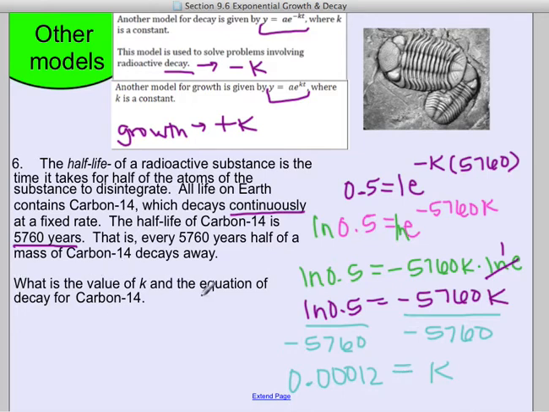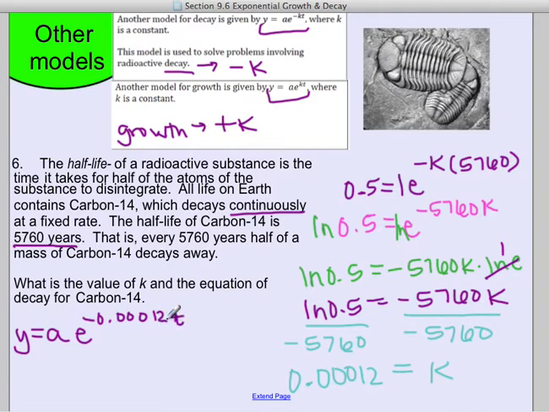All right, it wants to know what's the equation for decay for carbon-14. The equation for decay for carbon-14 would be that y is equal to my A amount, A e to the negative 0.00012t.